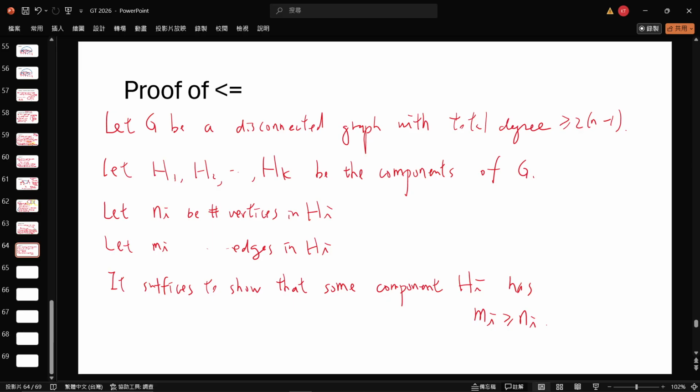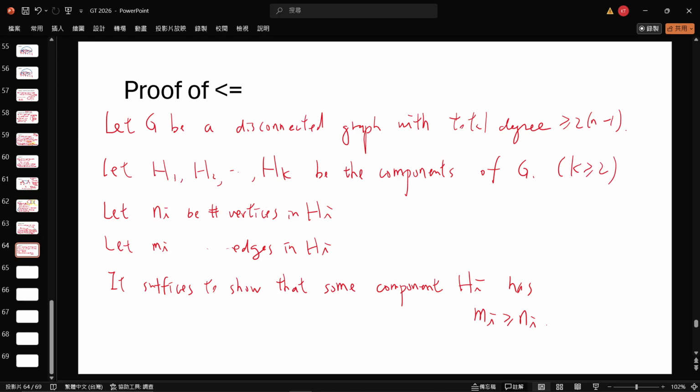Some notation here: because the graph is disconnected, there are multiple components, so I'll just write H1, H2 up to HK. We have K components, and K is greater than or equal to 2, because it's disconnected.